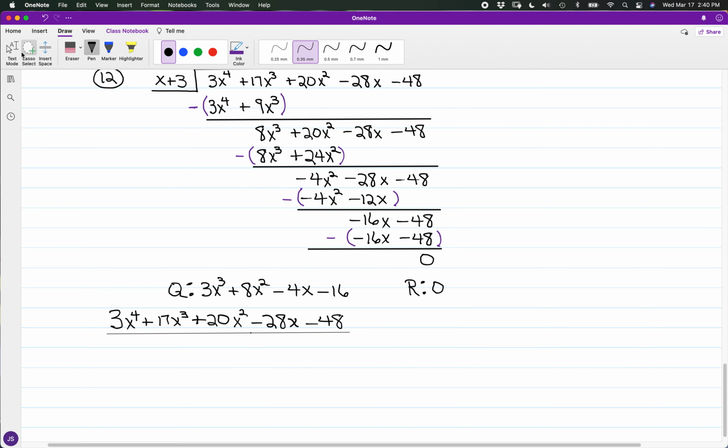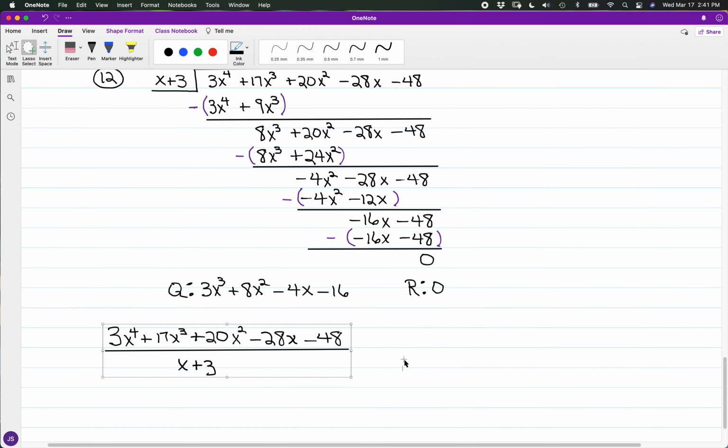Just taking what we have in the expanded notation, we have with the quotient, again, 3x cubed plus 8x squared minus 4x minus 16.